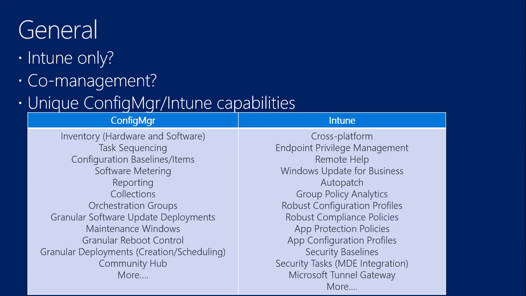In Config Manager, we have this expansive configuration baseline, configuration item capability that includes being able to do really easy checks and querying of the registry and WMI and SQL queries and all these things, and including script, right? The equivalent in Intune is called proactive remediations.